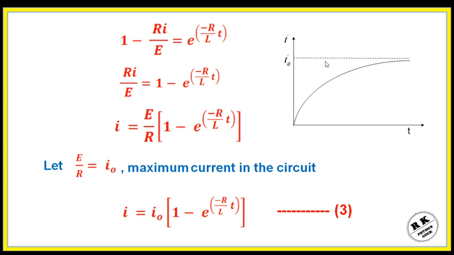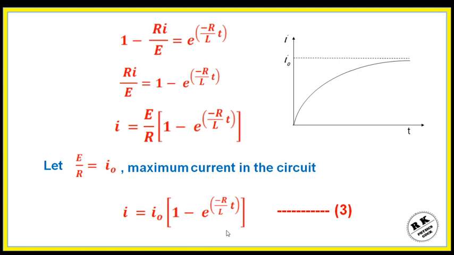Asymptotically means it appears to be reaching, but it never reaches. It appears to be reaching I naught, but it never reaches. It reaches at infinity, which is not possible. So this is the expression for instantaneous value. This equation represents growth current in the LR circuit.